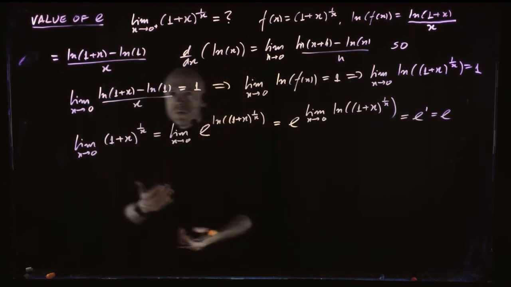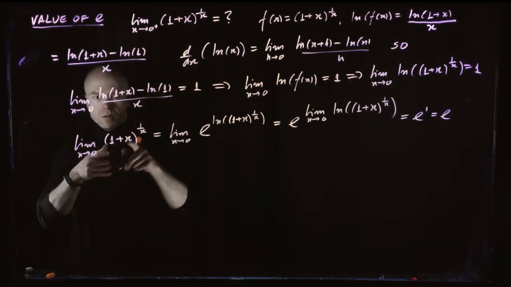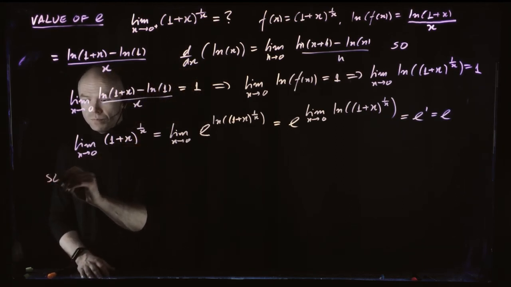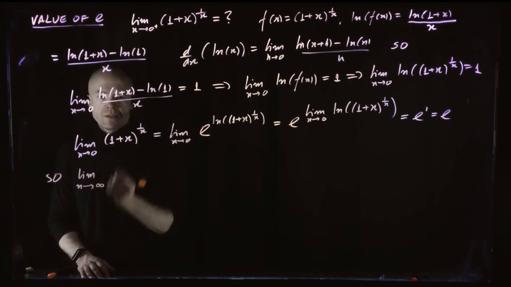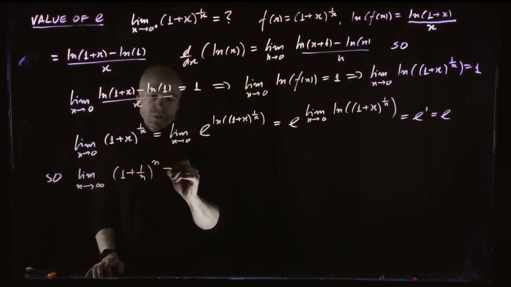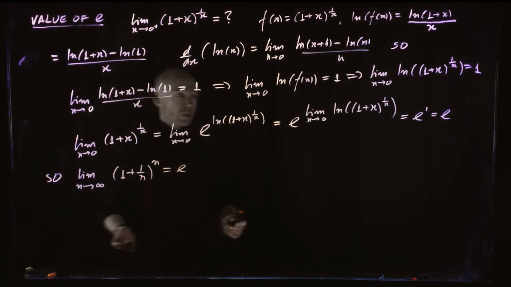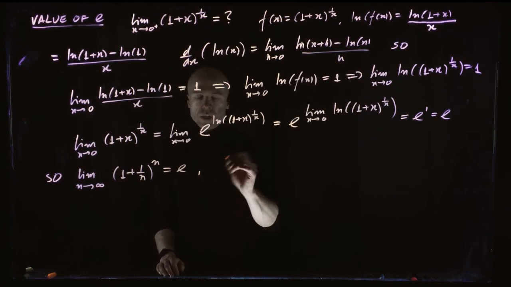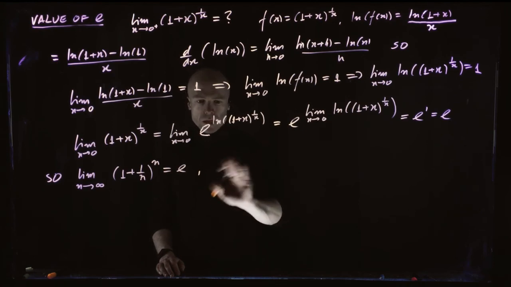So in particular, if we want to approximate e, we can just plug in small values of x. So the limit as n goes to infinity, where n is a natural number, of (1 plus 1 over n) to the n is equal to e. If we want a good approximation for e, we can just plug into your computer or calculator some large value of n.